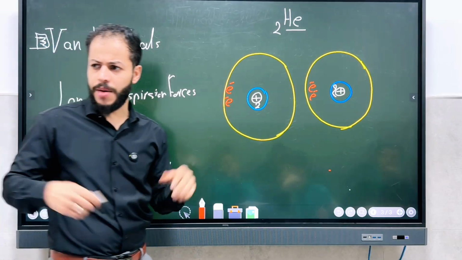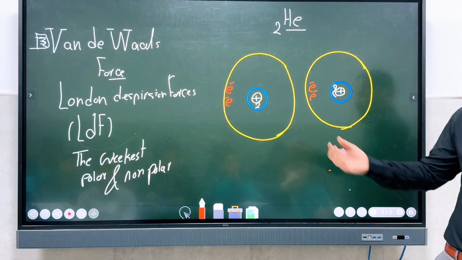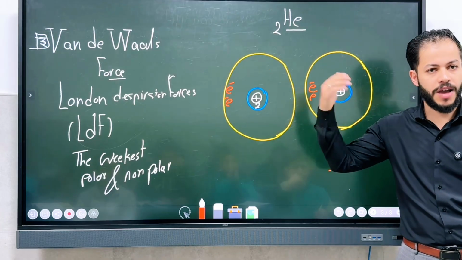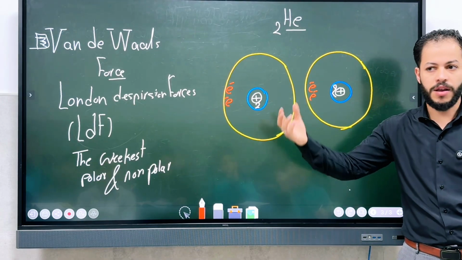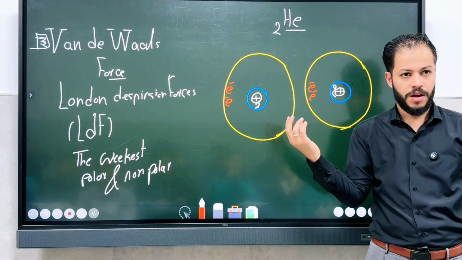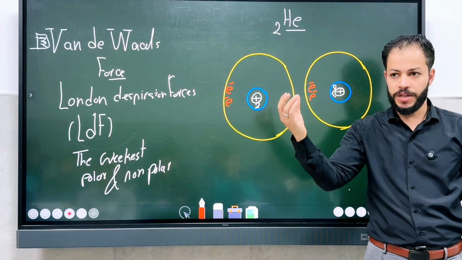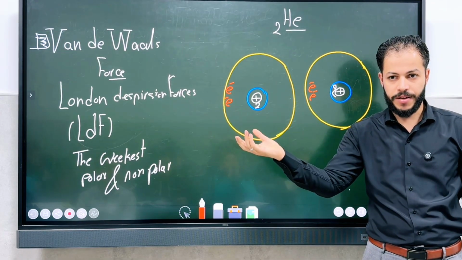Very rare to happen, right? Very rare, right? We know that the electron is actually moving at high speed in all directions in the electron cloud, but could we just imagine that this has happened for a very little moment, right? This moment here will not last for a long time, right?